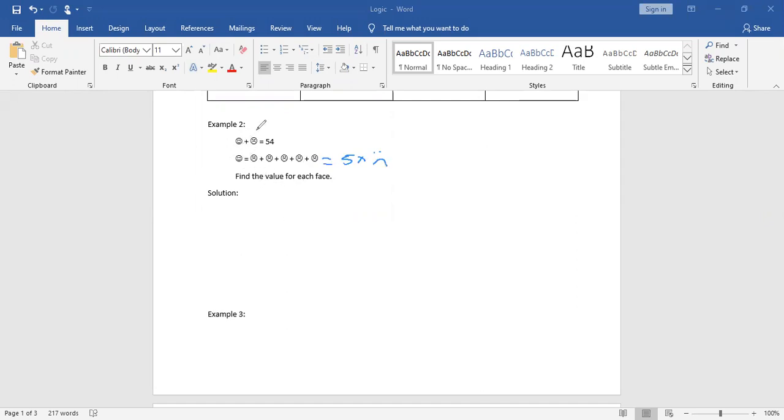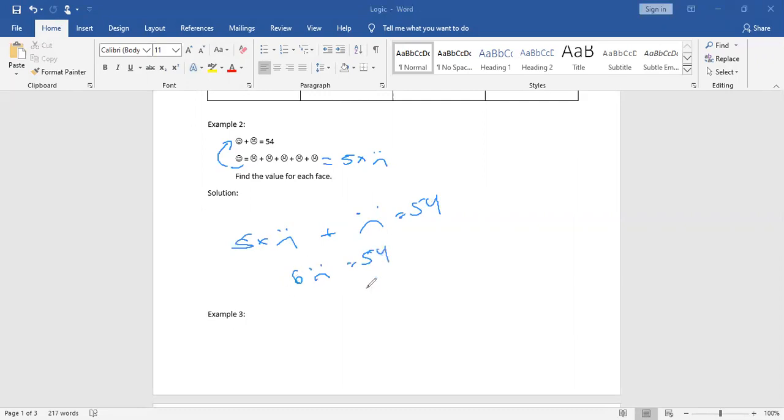Now, in the first equation, we see that smile plus frown equals 54 and smile equals 5 frowns. So we can plug the value for smile into this smile. So 5 times frown plus frown equals 54. And we see 5 frowns plus 1 frown equals 6 frowns equals 54.